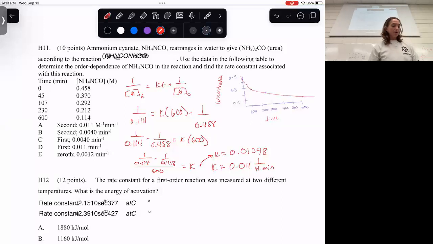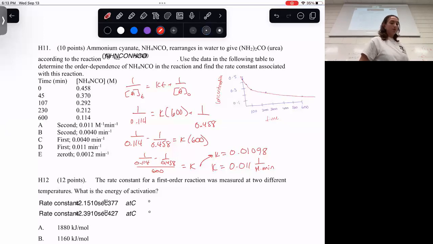So in order to solve for K, you just need to pick a time that you're using and a concentration. So I just decided to pick 600 because it was the biggest number. But you could have picked the 45, you could have picked the 230. It doesn't matter what number you picked for your time. You just want to make sure you use the associated concentration for that time.